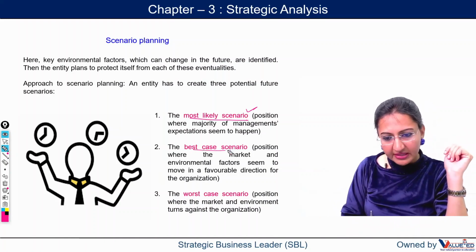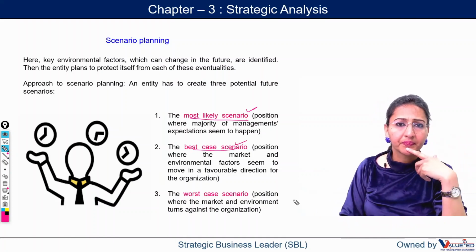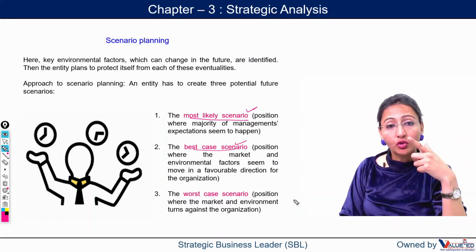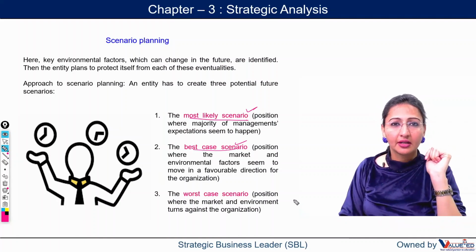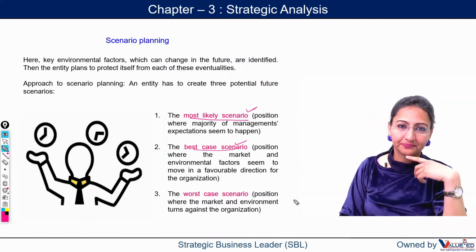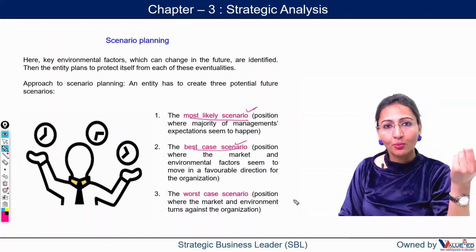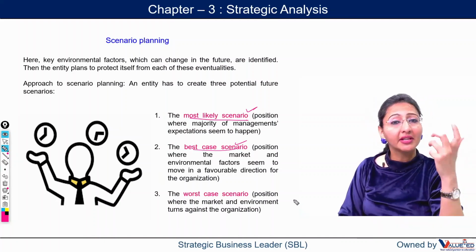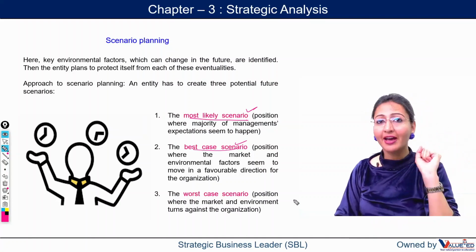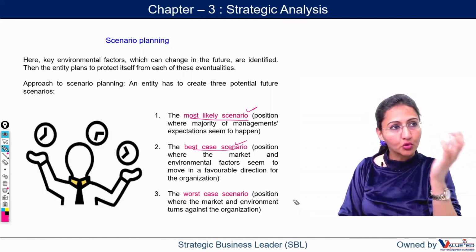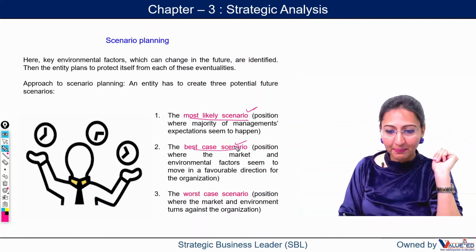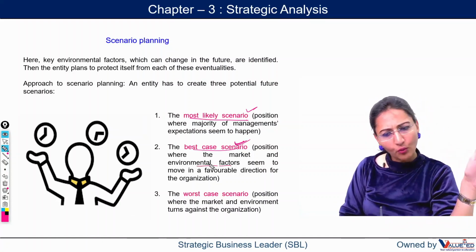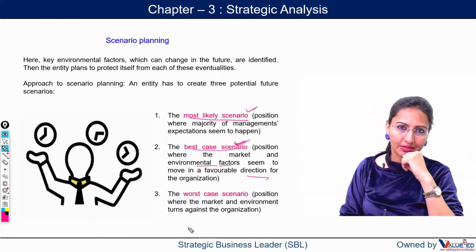But the best case scenario here would be, even if that happens, you will have to fly additional flights to take people home from China to the US. There may be US citizens living there, there may be Indian citizens living there. So you may have to fly additional flights to take them back home. That's the best case scenario, where the environmental factors move in the favorable direction for the organization.